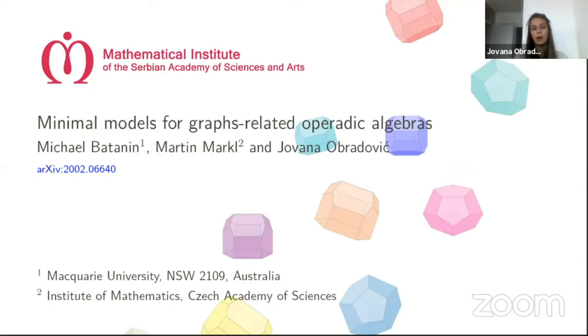All right, so today I would like to tell you about this paper that I wrote together with Michael Batanin and Martin Markl, and that we find to be a very nice example of the fruitfulness of mixing operad theory with convex and discrete geometry.